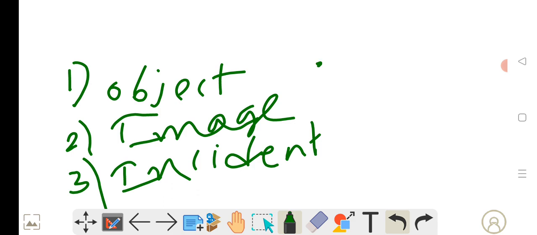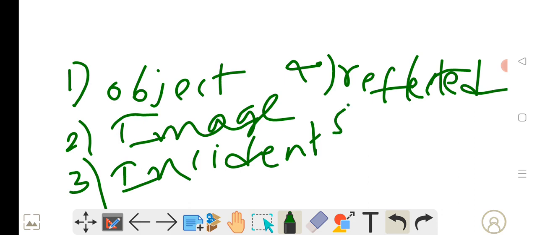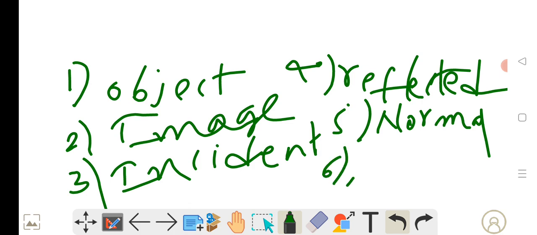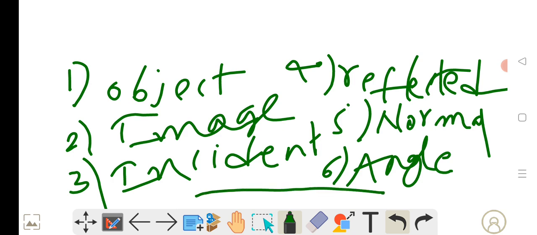So incident ray, reflected ray, and normal, and then about angles: angle of incidence and angle of reflection, angle of glancing, angle of deviation, and mirror. Okay, so all these you have to remember. These are the important terms which you have to remember for writing answers in the exam in the light chapter. Okay, so first all of you learn and understand these definitions. Then in the next video we will see image formation by the plane mirror.